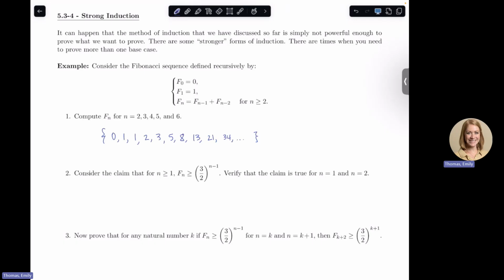So we're going to prove this is true for n equals 1. F sub 1 is 1, that was given to us. Is this actually greater than or equal to 3/2 to the 0? Yes, right? That would be 1, which is fine. But I can't make this be true for n equals 2.